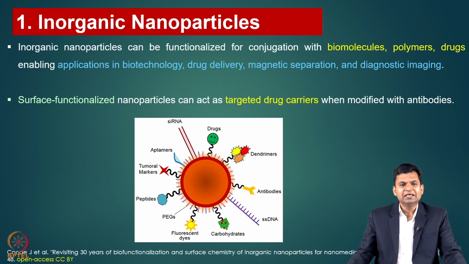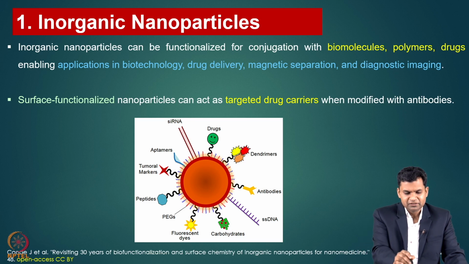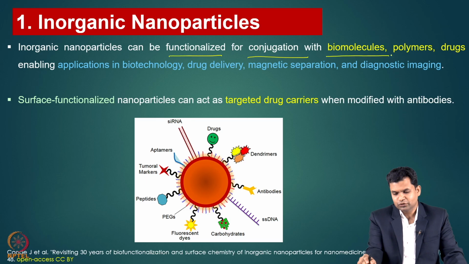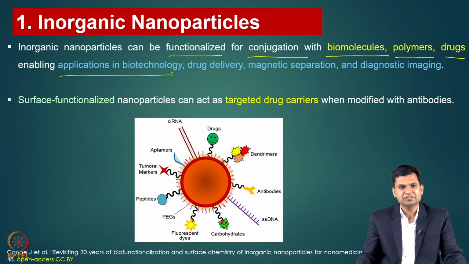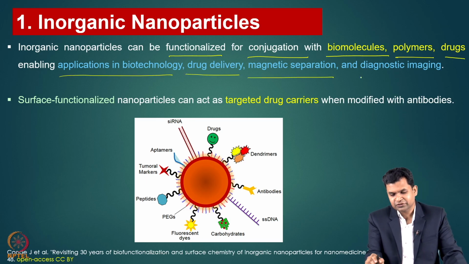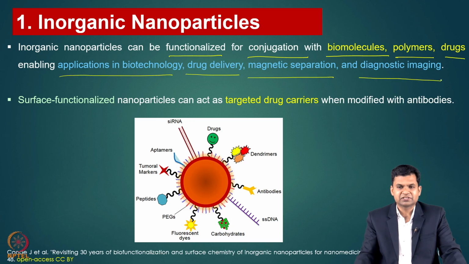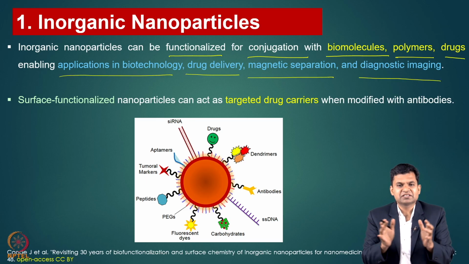Now, inorganic nanoparticles can be functionalized for conjugation with biomolecules, polymers, and drugs, enabling application in biotechnology, drug delivery, magnetic separation as well as diagnostic imaging. So, these are the various applications.